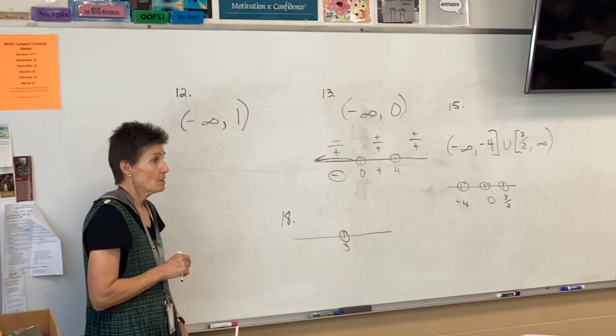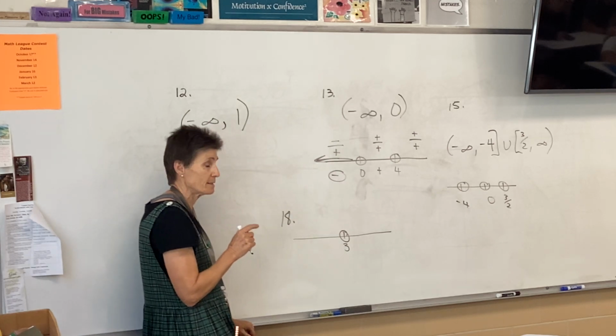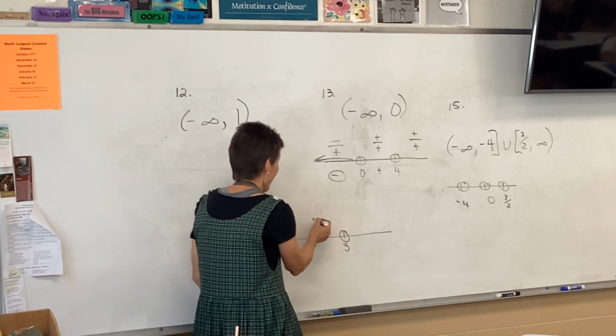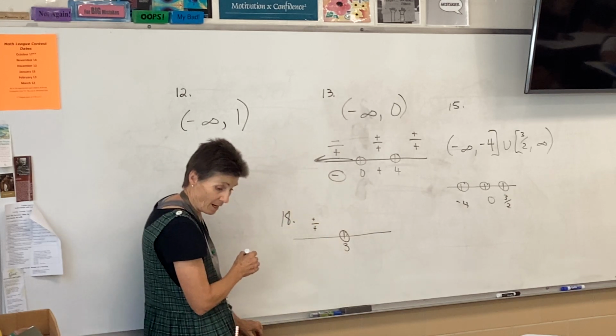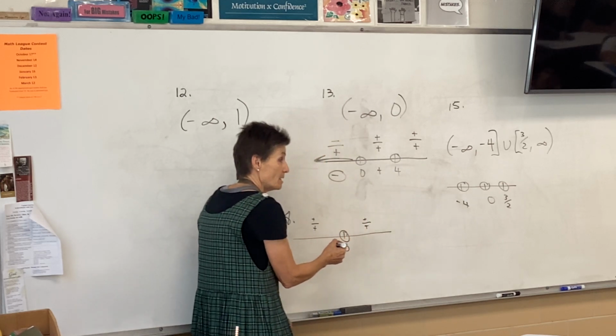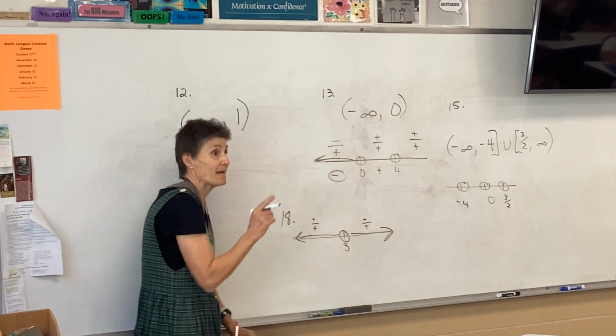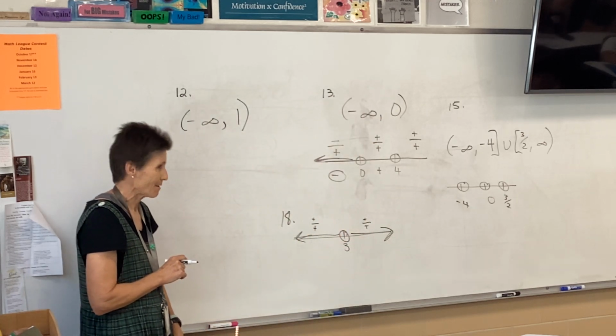Open. So when you checked your regions, you're looking for things that are positive, and you probably got positive over positive and positive over positive. So you colored all this in and you colored all that in. Is that everything? Except for 3.